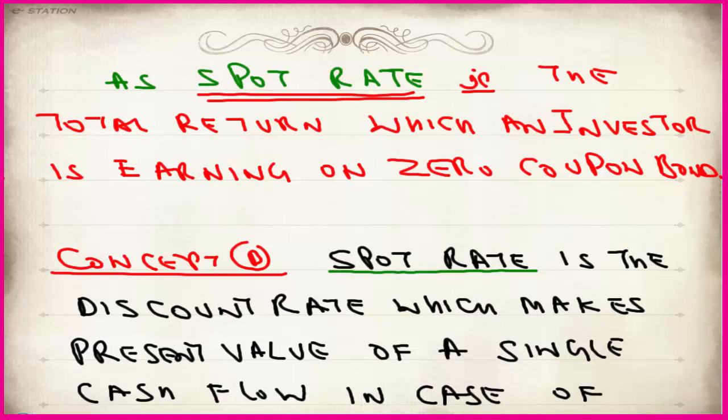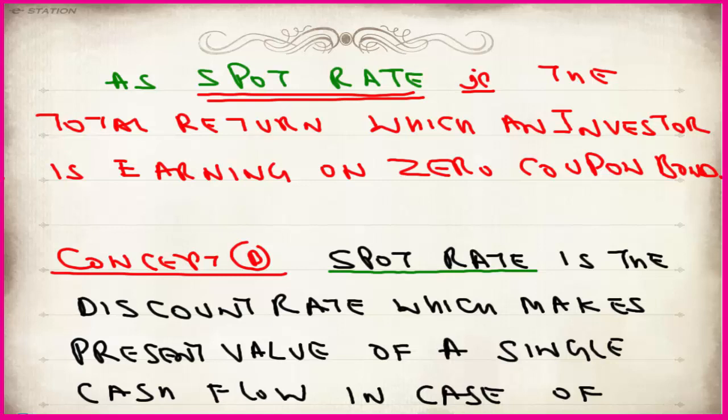The YTM of a zero coupon bond is named as spot rate. You have to remember that in case of a zero coupon bond, because there is no coupon interest and no reinvestment, the return you will be getting is on the basis of different maturities, just like a bank FD. That is named as YTM, the total return which an investor is earning on zero coupon bonds.